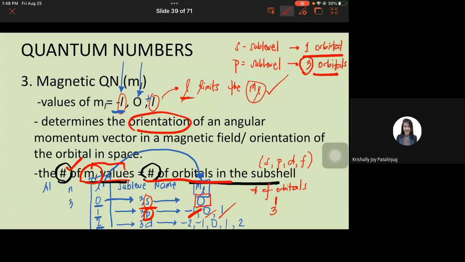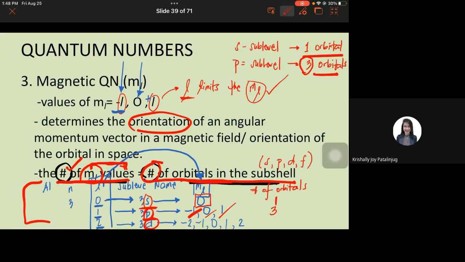Based on this presented data, we got 3 M sub L values for the P sub-level, and that's equivalent to the number of orbitals in the P subshell. Okay, next.